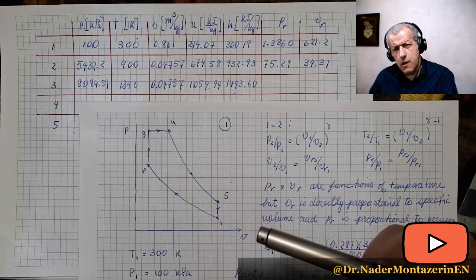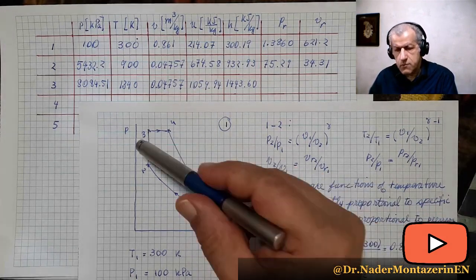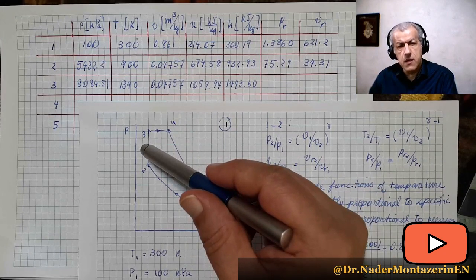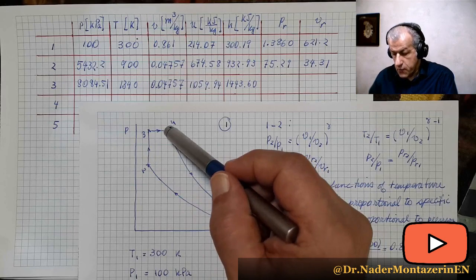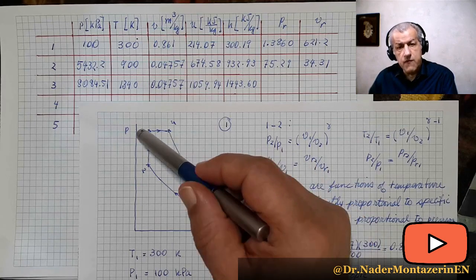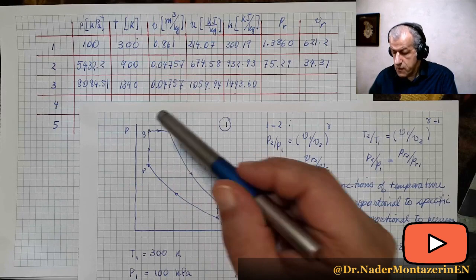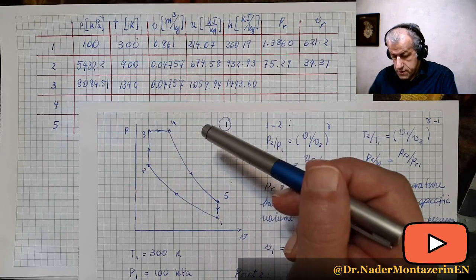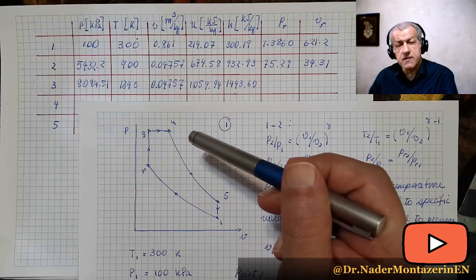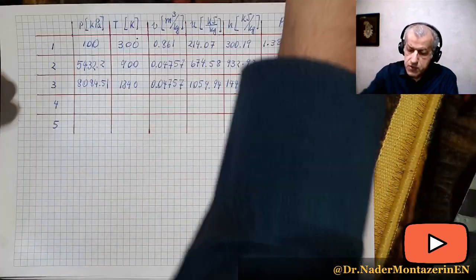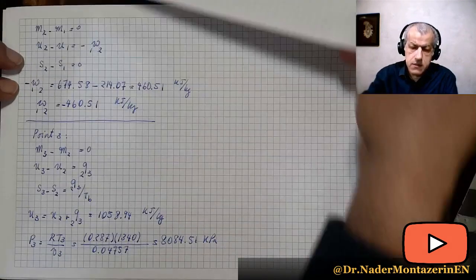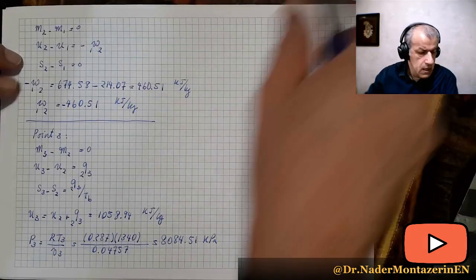Now, in process 3-4, some fuel is being injected into the cylinder, and depending on how long that injection lasts, point 4 would be further away from point 3. Usually this is given as a volume ratio between points 4 and 3.